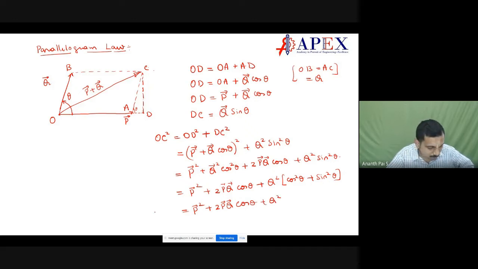What is this OC? OC is P plus Q. Is it not, students? It is P plus Q the whole square. Correct?